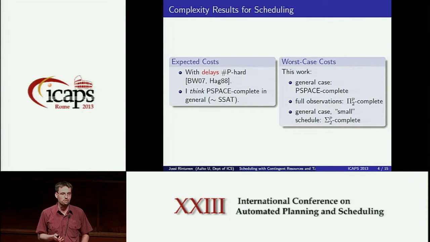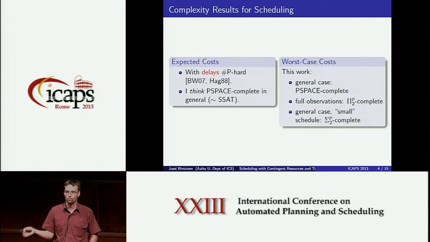It's probably also #P-complete. And I think in the general case, for the expected cost, the problem is PSPACE-complete, if you also consider other kinds of failures like resource not available, earlier or later deadlines, or something else.